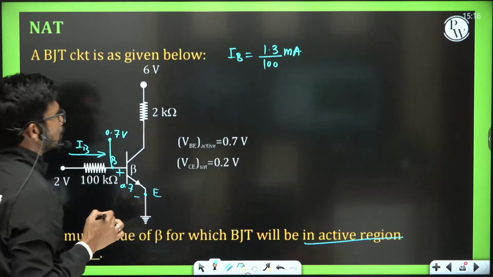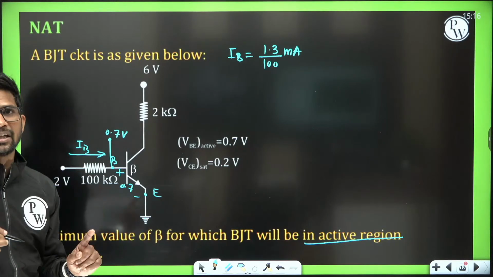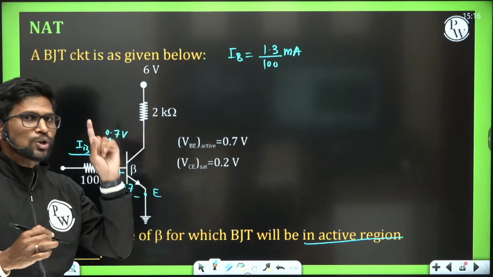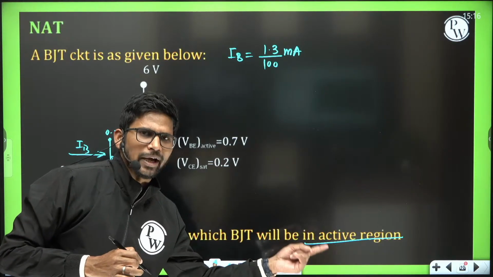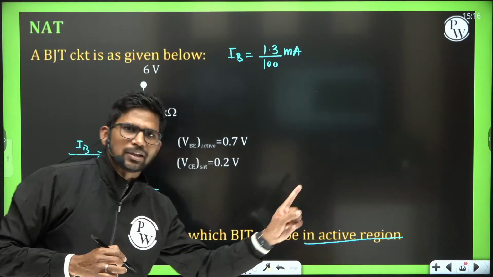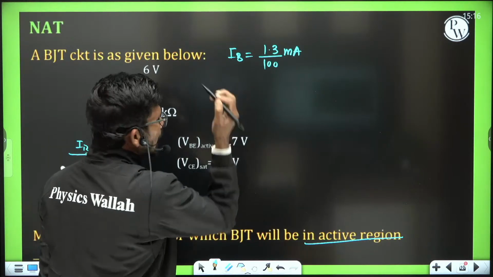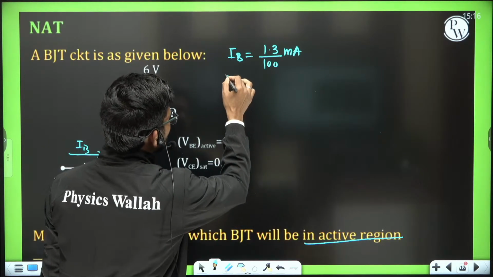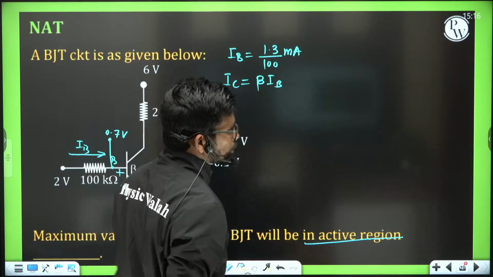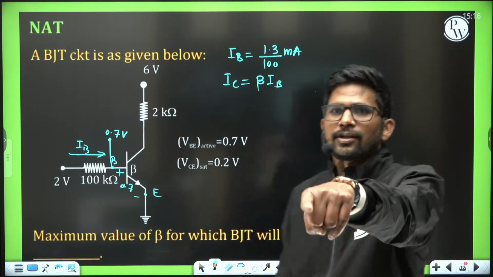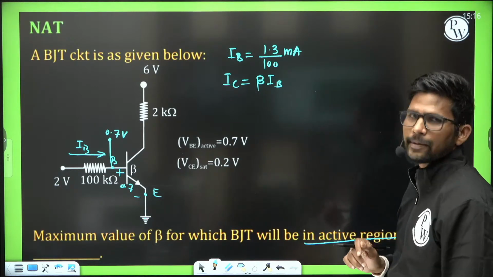Okay. If this BJT is in active region, because I am assuming this BJT is in active region. Why? Because the condition I need to find out is for active region. So I am assuming this BJT is in active region, therefore this current IC is equal to beta IB, because this relation IC equals beta IB is valid only in active region. So IC is equal to beta IB.